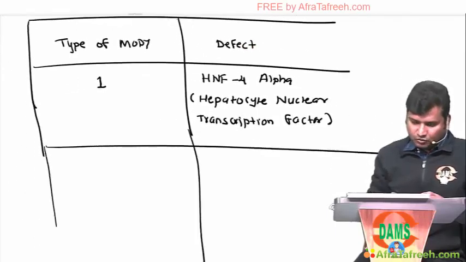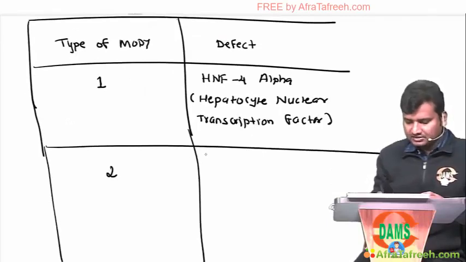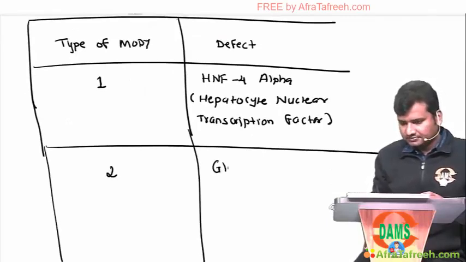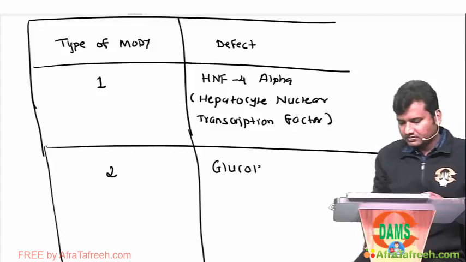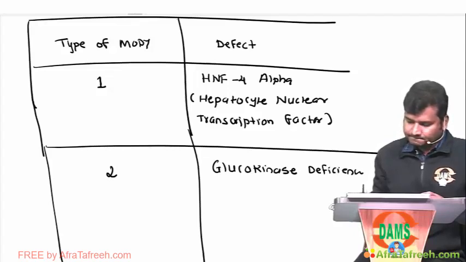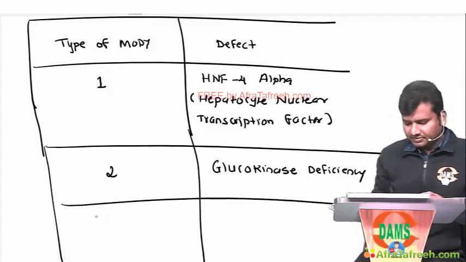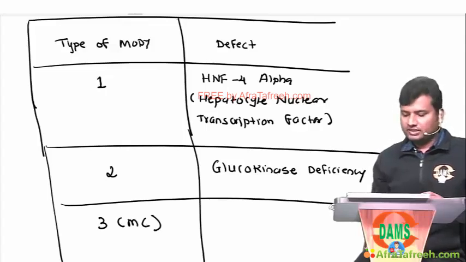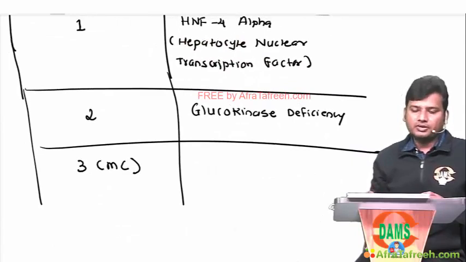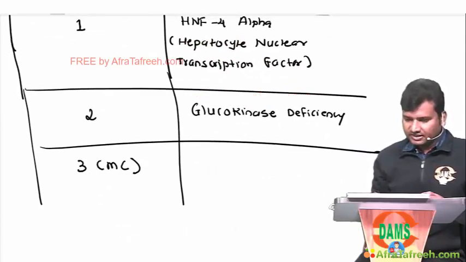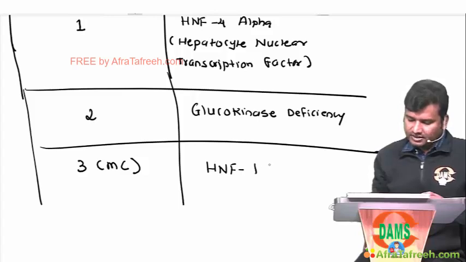MODY type 2: glucokinase deficiency, which we have just seen. MODY type 3 is the most common type of MODY. The defect is in HNF1 alpha.